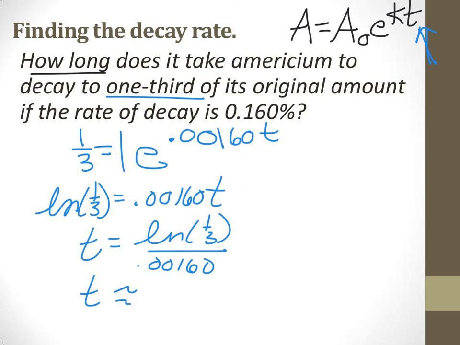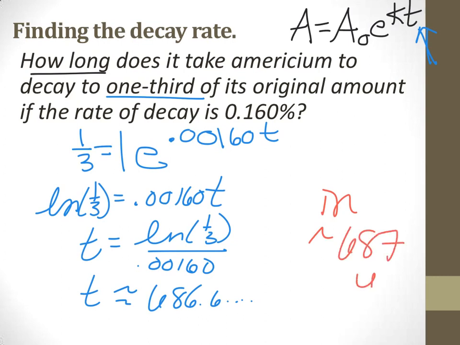So T is about equal to 686.6 and so on. So in about 687 years. And then you're done. Same process as the last one, right?